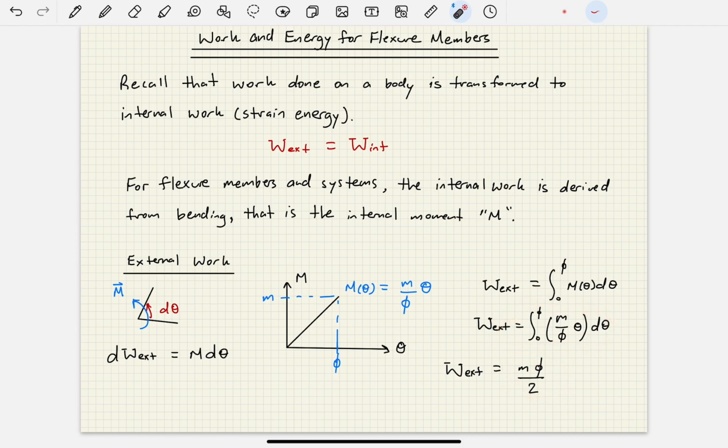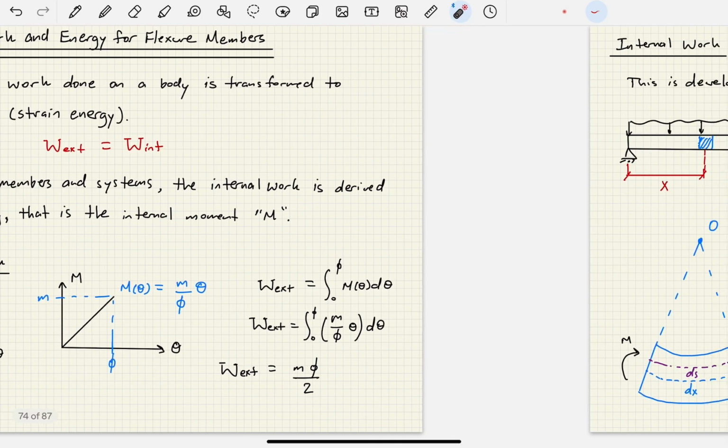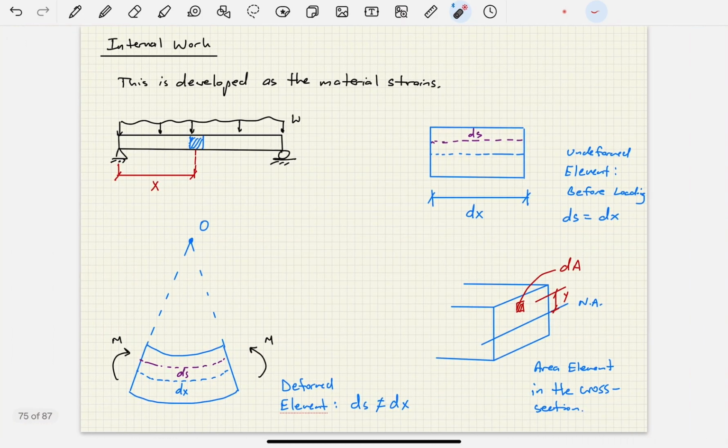Now, this is external work. We said external work is then going to get converted to internal work. So let's turn the page and look at what we've already drawn out for us. Internal work is developed as the material strains, okay? So let's consider that we have a beam segment here, and the beam has some kind of arbitrary loading on it, w, and I put some restraints here, a pin connection and a roller connection.